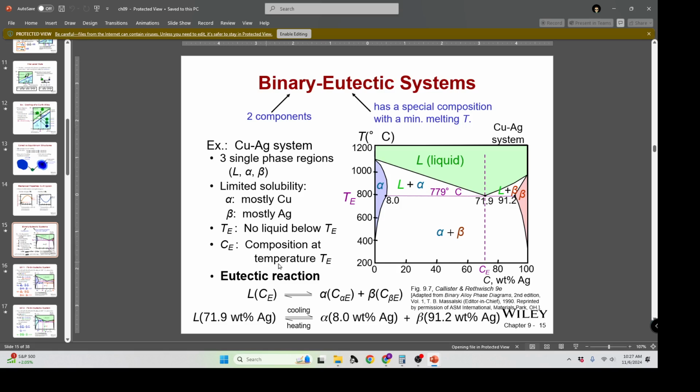And the CE is the composition at that temperature, the eutectic temperature. So this is an example of the eutectic reaction. It goes back and forth between 8% silver and 91% silver from the 71.9%. So there's equilibrium of both of those.